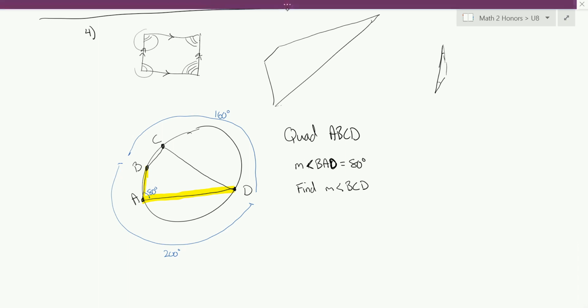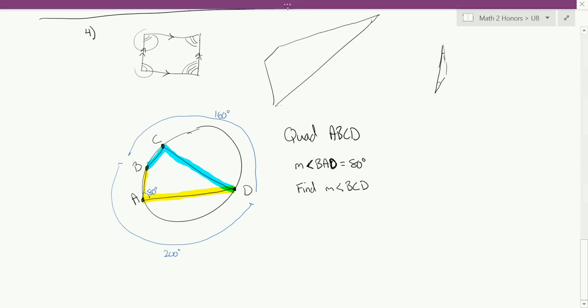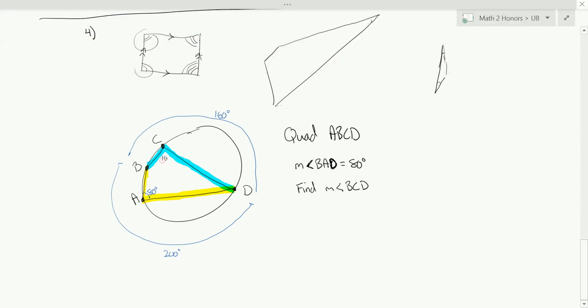Now let's look at what we're after. BCD. Do you see another inscribed angle? See where we're headed? What's the answer going to be? 100. There we go. Because that's half of the 200, and so we get 100.